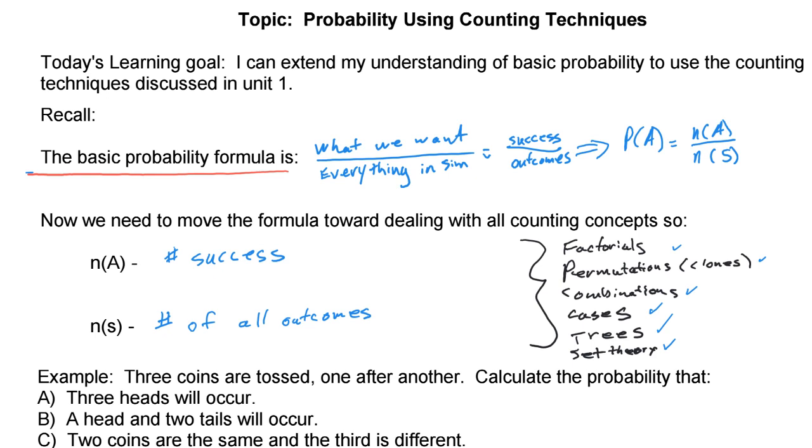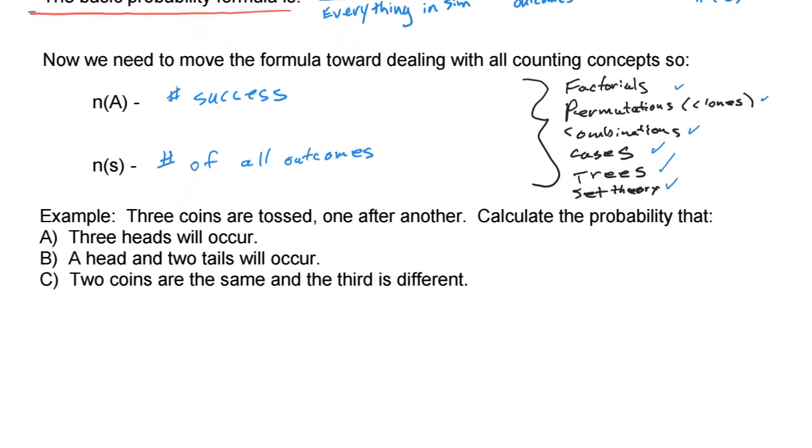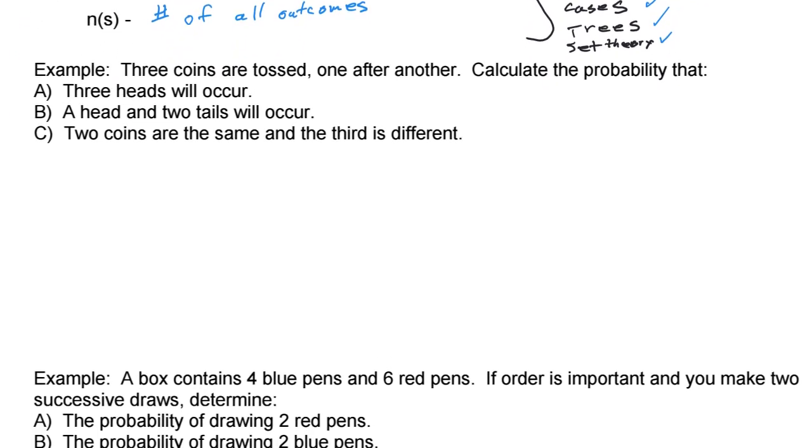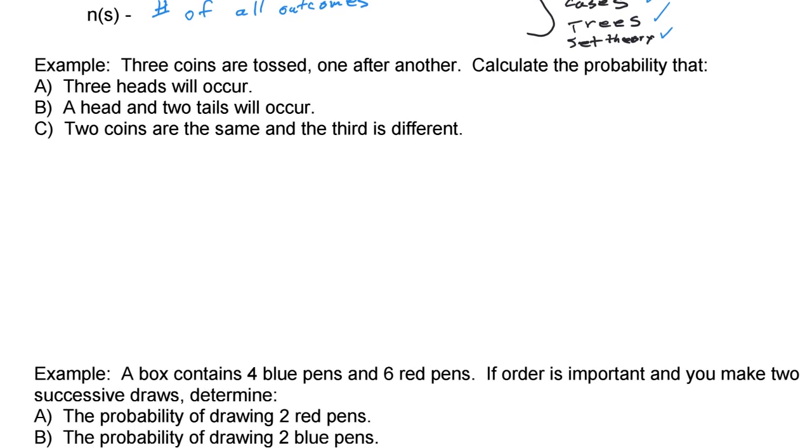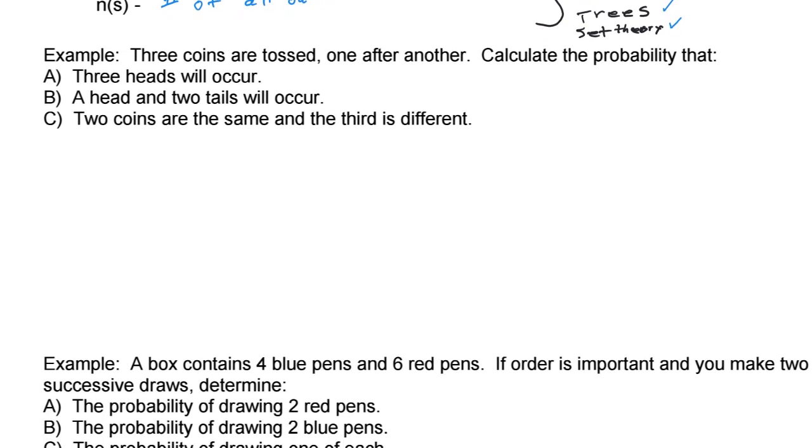All right, now let's move on to our first problem. So we have 3 coins that are tossed, one right after the other, right? Calculate the probability that 3 heads will occur. So in order to do this, since we're having 3 coins being tossed, each coin can be tossed as a head or a tail.